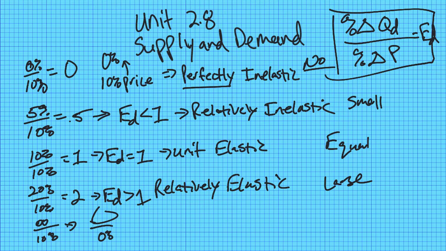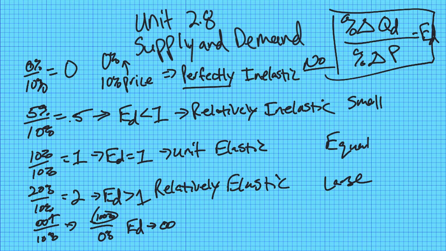Or you could say, as this approaches infinity, what happens to this number? What is infinity divided by 10? It's approaching infinity. So this is where the elasticity of demand is not only greater than 1, but approaching infinite.